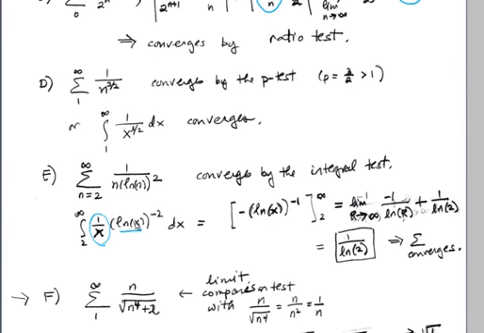Just do the power rule on (ln x)^(-2), add 1, and divide by -1. You can check this by taking the derivative to see this is the right antiderivative. Bring down the -1 and subtract 1, and we get (ln x)^(-2). Then by the chain rule, we do the derivative of the inside, and the 1/x would pop out.